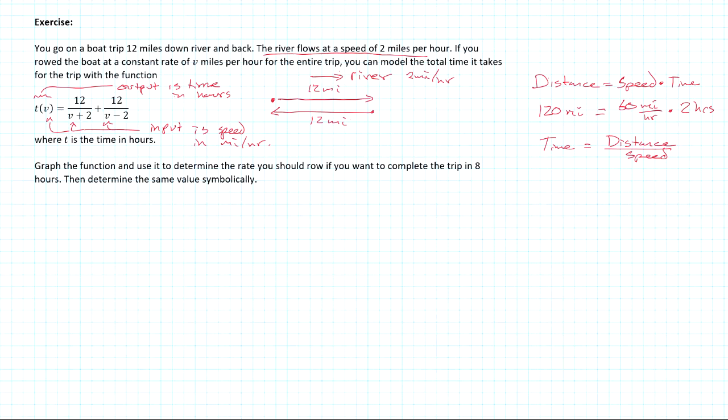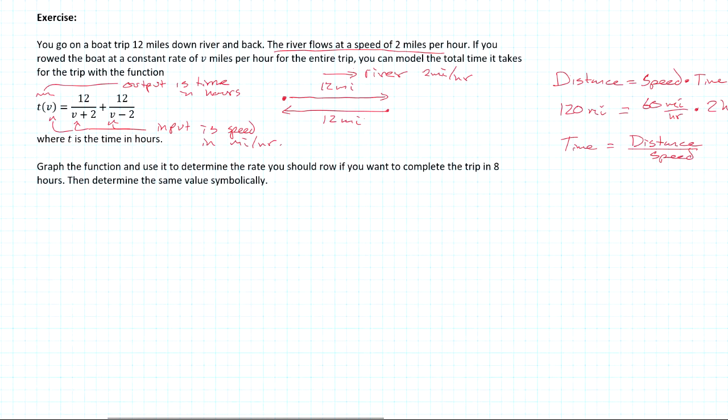Now, in this particular problem, we look at the speed that we're rowing as a constant speed. We keep rowing at the exact same speed, whether we're going downriver or upriver. But if we're going downriver, the speed of the river, which is 2 miles an hour, pushes us forward faster.